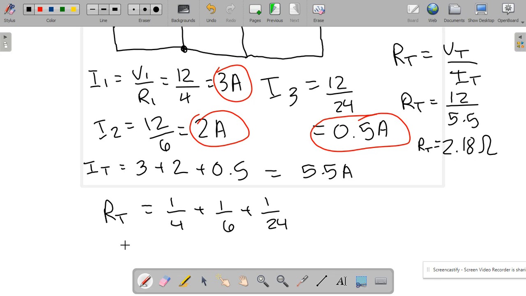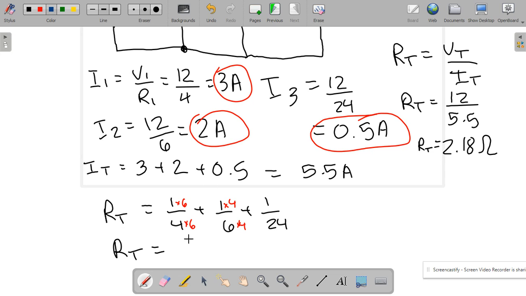Now, because I picked the numbers the way that I did, all of these should have a common denominator of 24. So I'm going to times this one by 6 over 6. I'm going to times this one by 4 over 4. I'm going to leave this one the same because it's already 24.